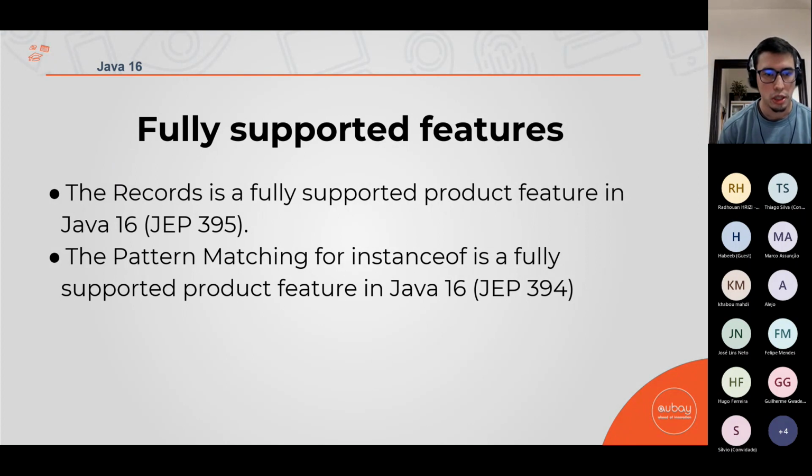So be careful if the feature is in preview. In this case, if you are using 16, you can use records and pattern matching because they are fully supported product features. But don't use Java 16 in production because it's a non-LTS version.